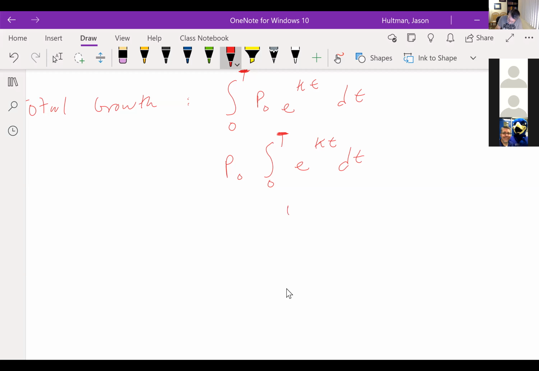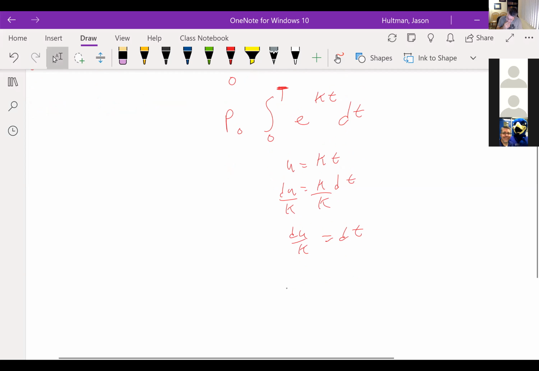If I do u equals kt, then du equals k dt, or divide by k, and I would get du over k equals dt. Okay, so now I can do a u sub on this thing.